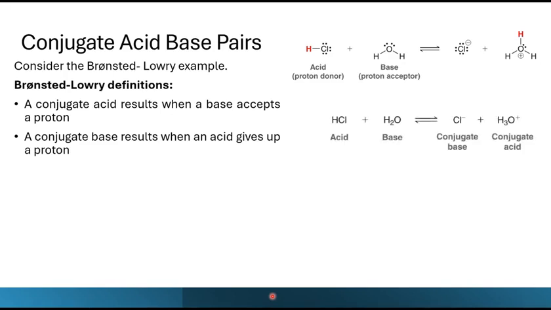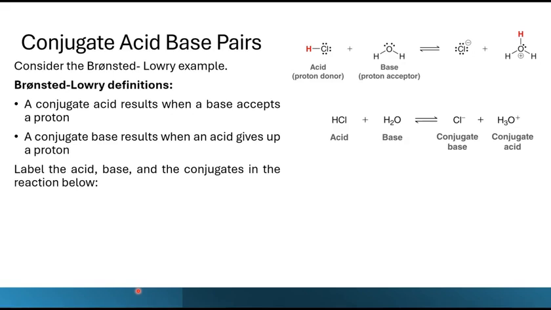So let's consider the reaction that we just saw earlier. If we have the acid hydrochloric acid and the base water, when the acid loses H+, it becomes a conjugate base on the product side, Cl-. When the base gains H+, it becomes hydronium on the product side and becomes a conjugate acid.